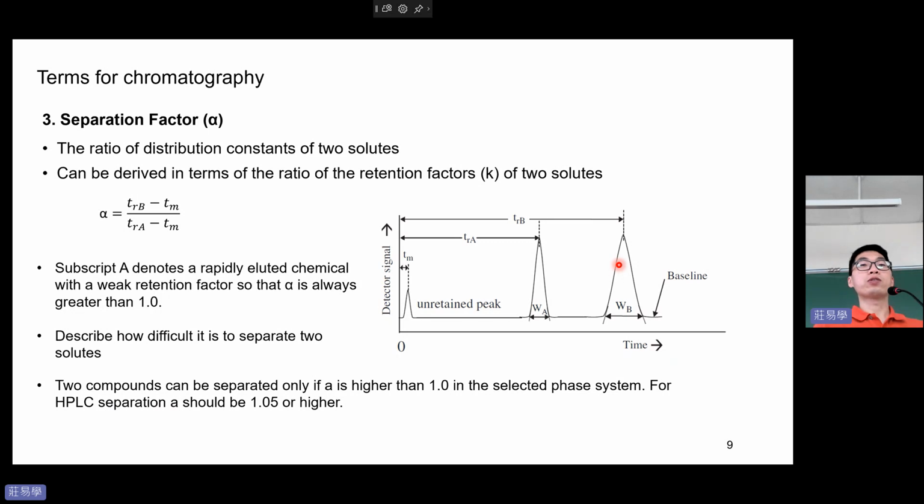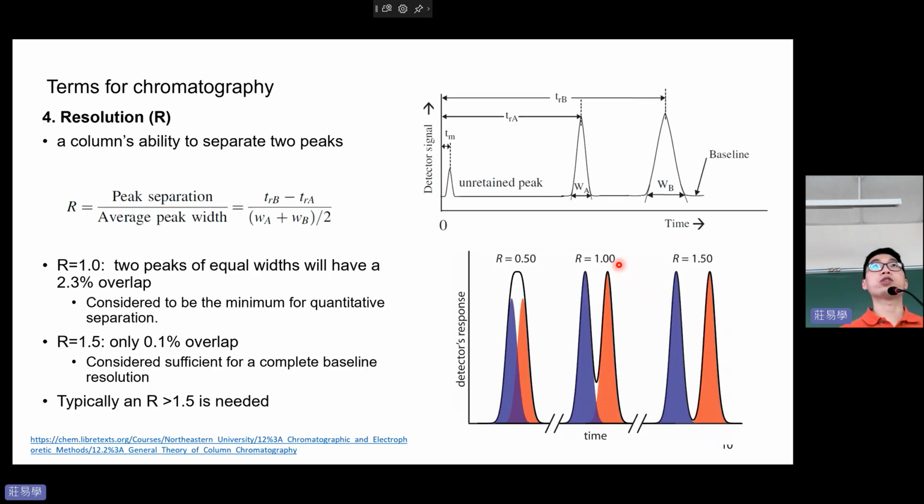But the next term we are going to introduce is resolution. This one, I think, is pretty important. Resolution R is a factor to show you a column's ability to separate two peaks.